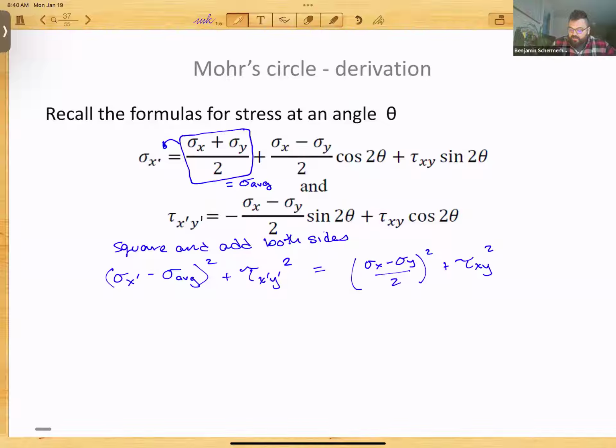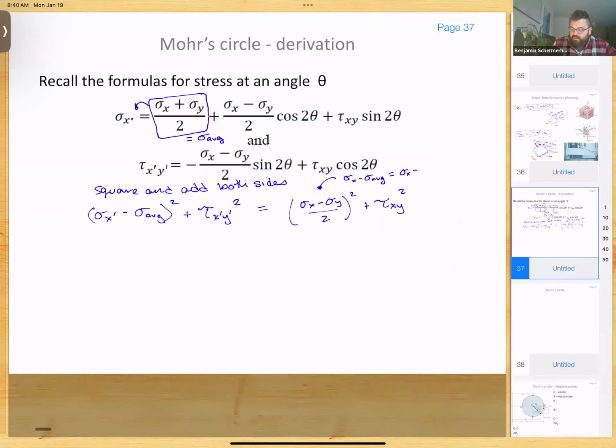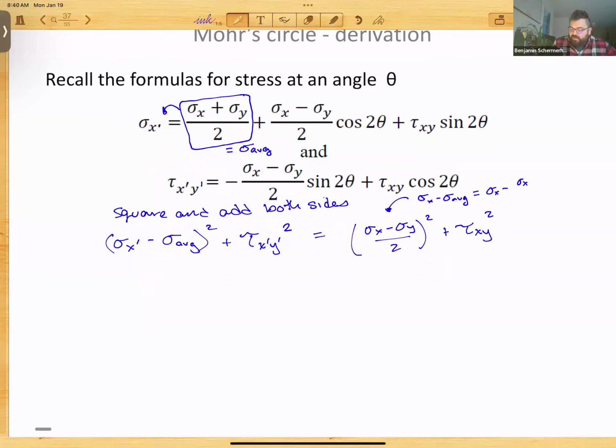Curious, especially considering that this first term is equivalent to, and I will prove it, sigma x minus sigma average. Because if we have sigma x minus sigma average, that's sigma x minus sigma x plus sigma y over 2.